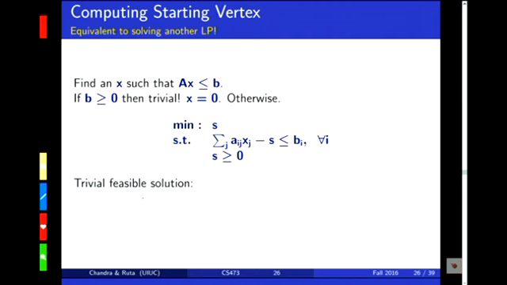Sorry? b_i. So I'm saying that, so is the point clear? So suppose there is some x hat such that A x hat is less than or equals b. Then suppose I set here x equals x hat, what should I set S to so that the value of S is minimized and the constraint remains tight?